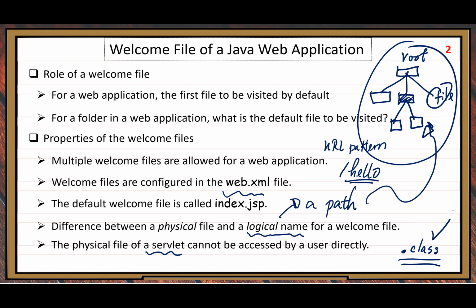So for that reason, remember the last time, there is a special folder that can help us protect resources inside a Java web application. That's the web-inf folder. We put all the resources to be protected inside this folder so outside people cannot access.